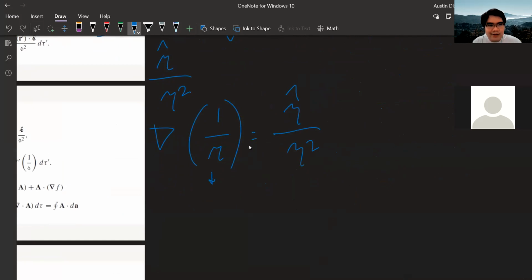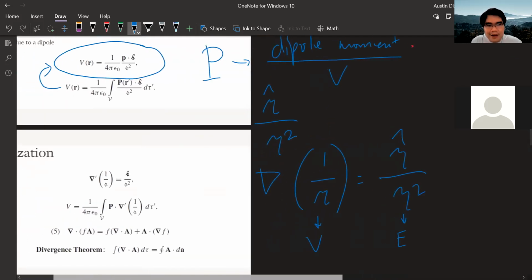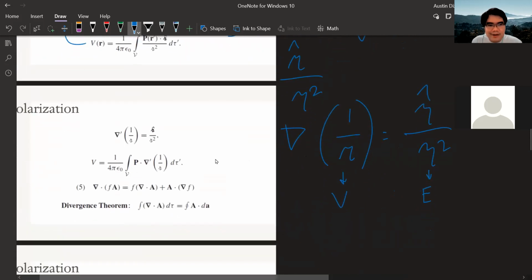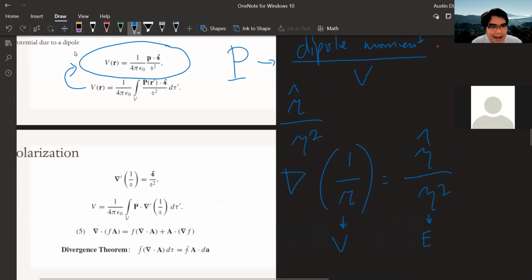Di ba ganyan lagi yung itsura ng potential? 1 over r yung potential, di ba? Tapos pag ginradient mo yun, makukuha mo yung electric field, which is usually this guy. So, r hat over r squared. Make sense, di ba? Kung hindi kayo convinced, pwede nyo naman i-derive on your own. Okay? So, with that, gamitin natin itong fact na ito.